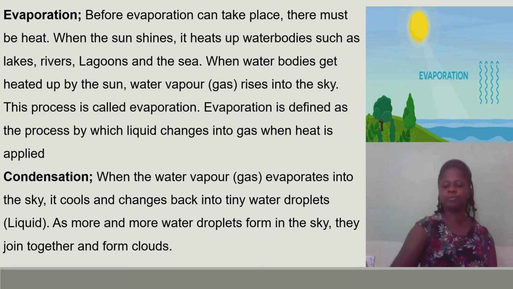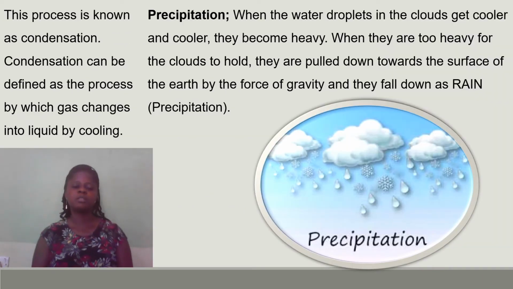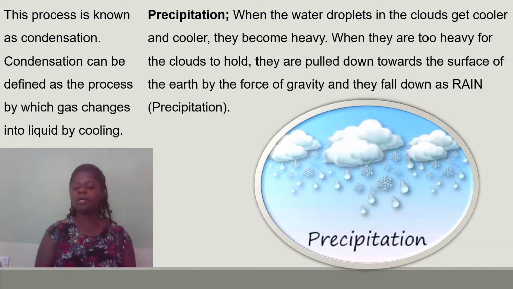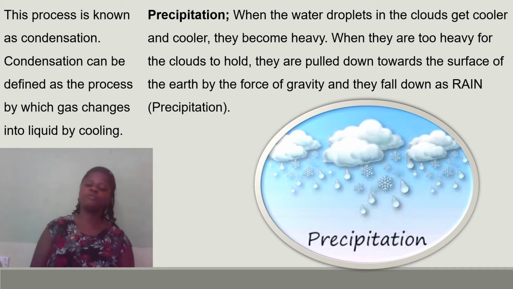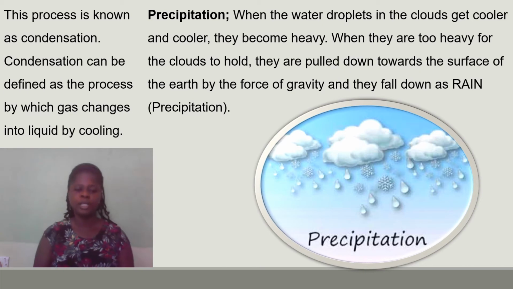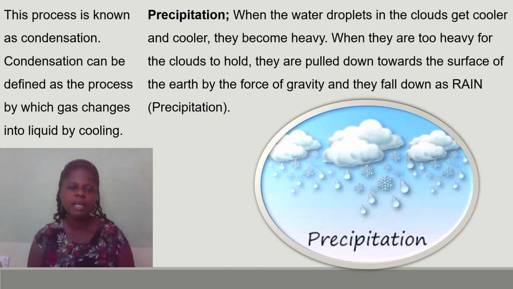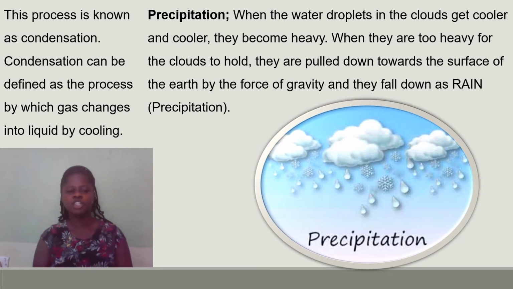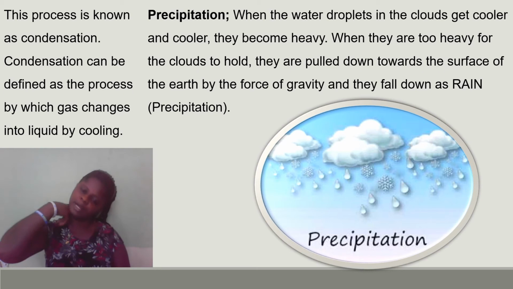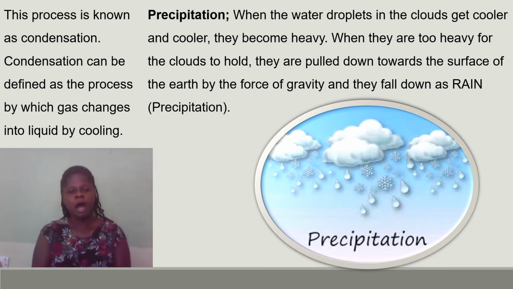Okay. So the process whereby the warm gas cools down to become droplets of liquid is known as condensation. So condensation can be defined as the process by which gas changes into liquid by cooling, right? By cooling.